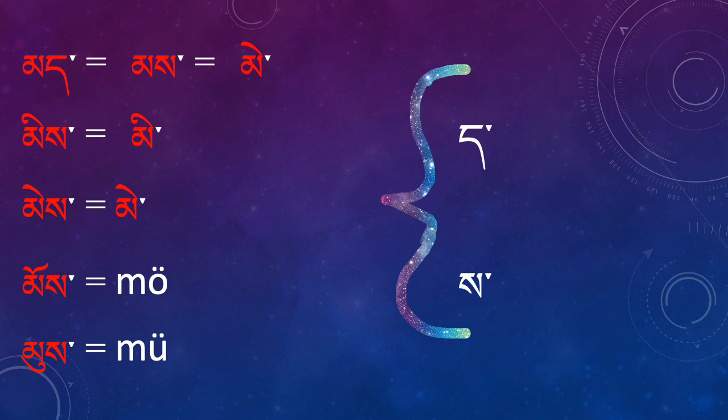And the same thing applies with the u sound: the u is changed into a ü, so mü. These words don't really exist, don't mind them, but the principle is there. That's how it works. With the letters sa and da as a suffix, they change the vowel sound.